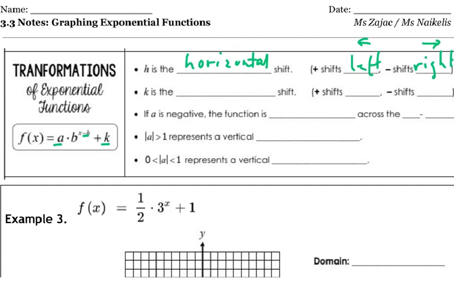Now, the k value right here is the vertical shift. If we add, we go up, and if we subtract, we go down. A negative a value gives a reflection over the x-axis.